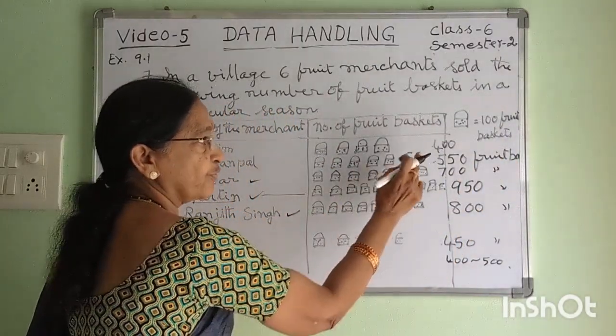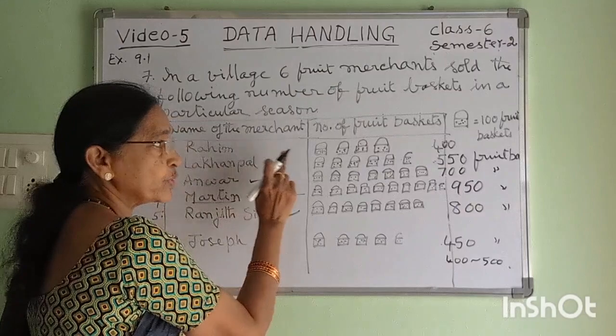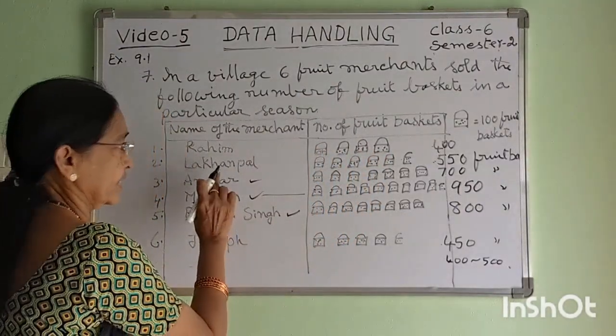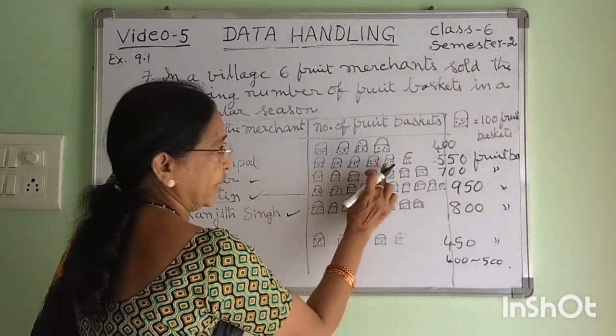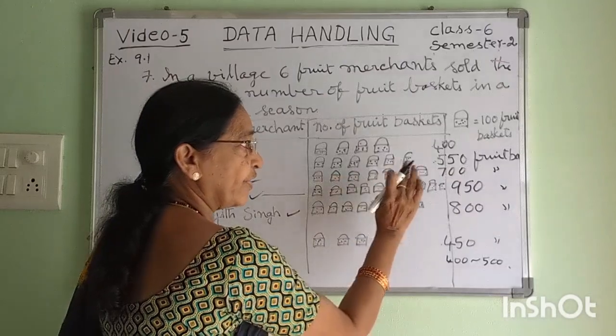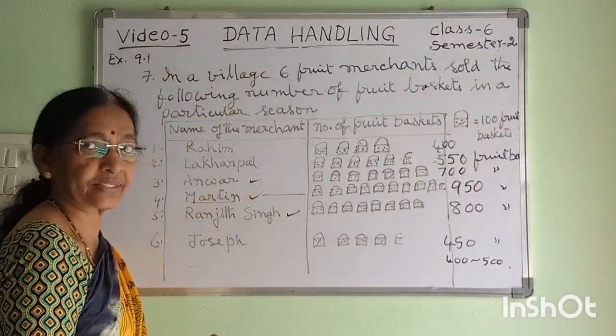Therefore 4 into 100, 400 baskets. Rahim sold 400 baskets during that season. Next, Lakhanpal sold 5.5 figures. Each figure represents 100, therefore 550 fruit baskets.